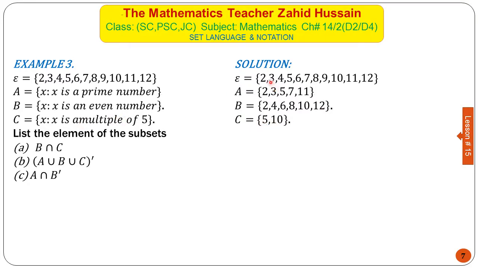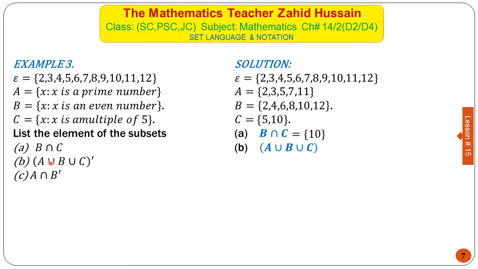So all the multiples of 5 from this universal set are the elements of set C, which are 5 and 10. Now we will solve its first part, which is B intersection C. We will find the intersection of B and C. So what are the elements which are common in B and C? It is only 10.